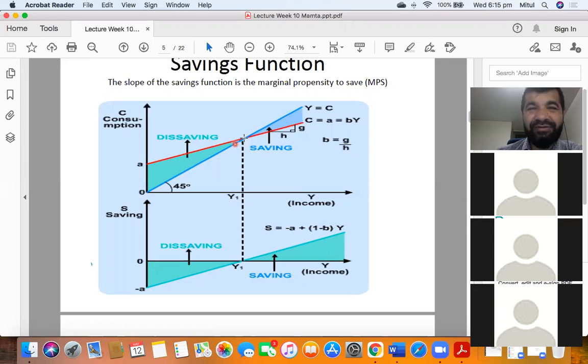At this point, expenditure is equal to your consumption. There is no savings, zero savings. But when you go to more income, at this point, you can see your income is higher than your consumption. You have some savings. So that's why they say this is your savings zone. And these things are dissavings, or you can say debt.